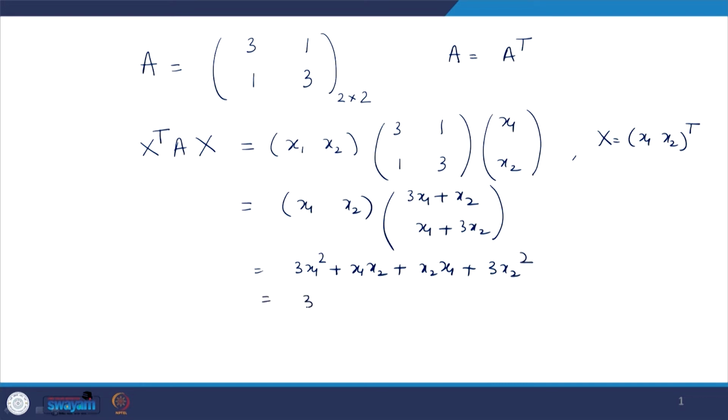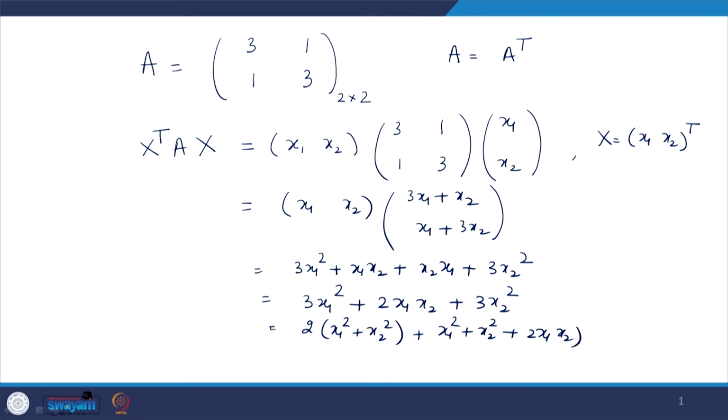So, this is nothing but 3 x 1 square plus 2 x 1 x 2 plus 3 x 2 square, and this can further be written as 2 x 1 square plus 2 x 2 square plus x 1 plus x 2 whole square.